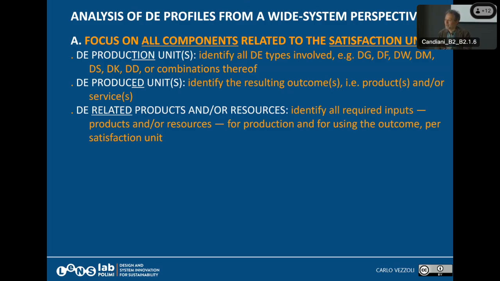I need the seeds to make the tomatoes grow and so on. So we have to consider not only the distributed production unit and what is produced, but even the resources or the semi-finished products that are needed to produce what I need. If I have a 3D printer, I need some PETG to do the 3D printing here at the lab, or PLA or whatever you're using, and so on.